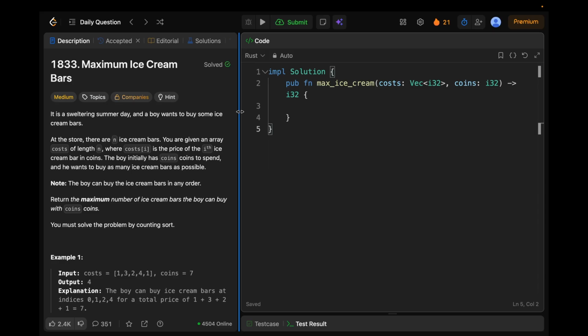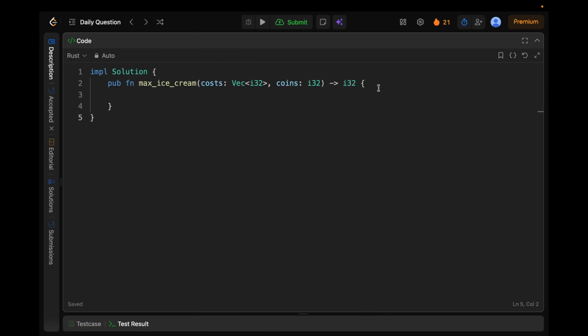Now I'll code this. Over here I find the maximum price of an individual ice cream. So I say int mutable max price, initially set to 0.